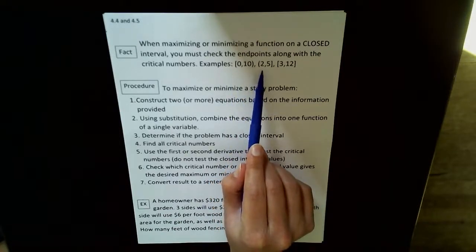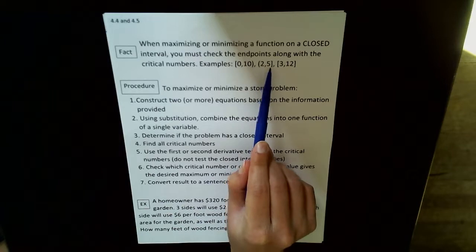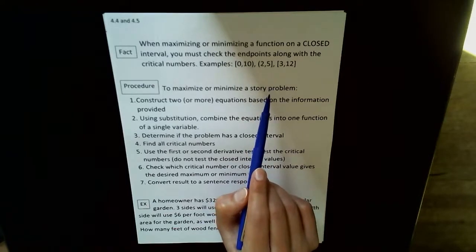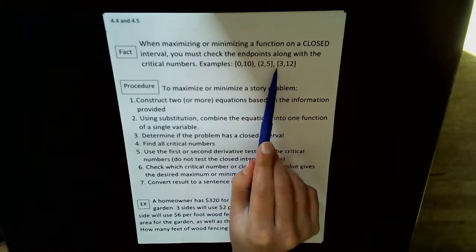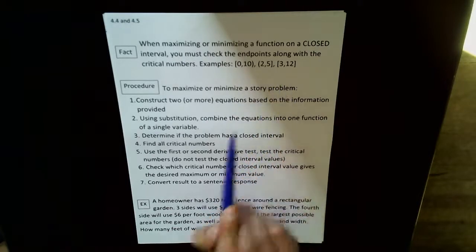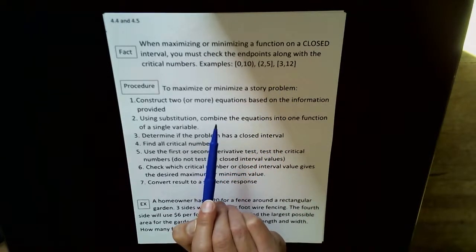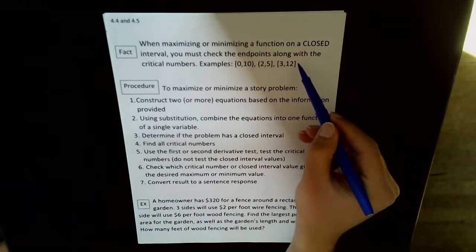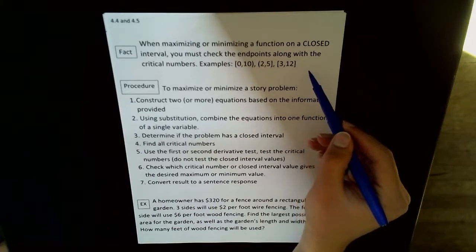Likewise, for this one, 2 to 5, the 5 has a bracket, we would have to check 5 as if it were one of our critical numbers. And finally, 3 to 12, both of them have a bracket, we would have to check 3 as well as 12. We have to check these because the first and second derivative tests only check for hills and valleys.